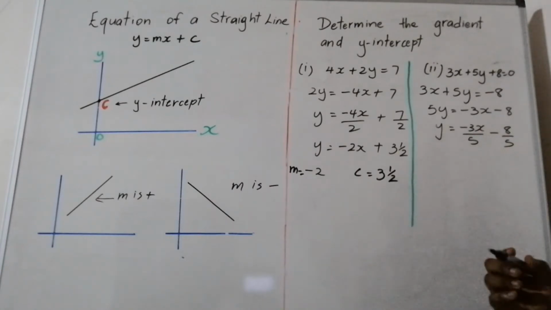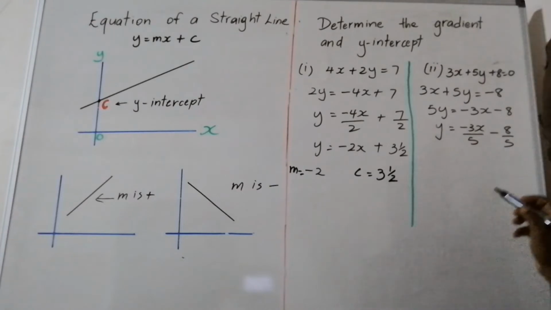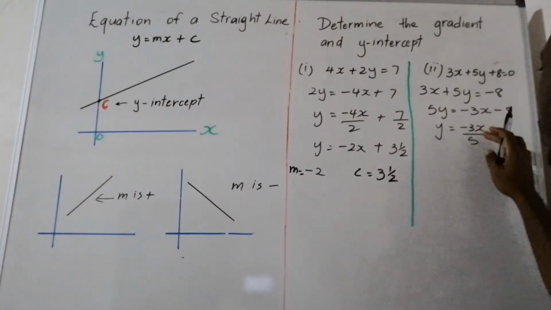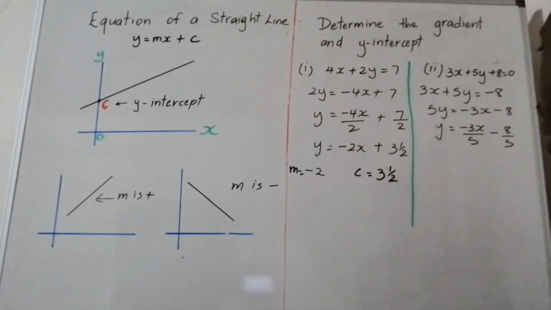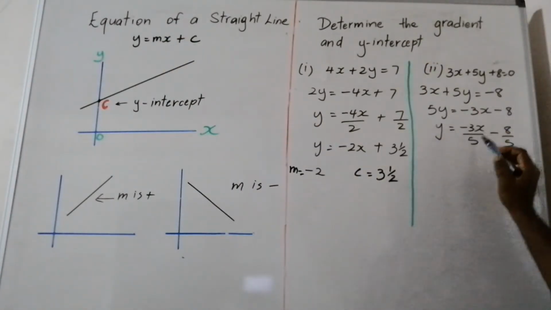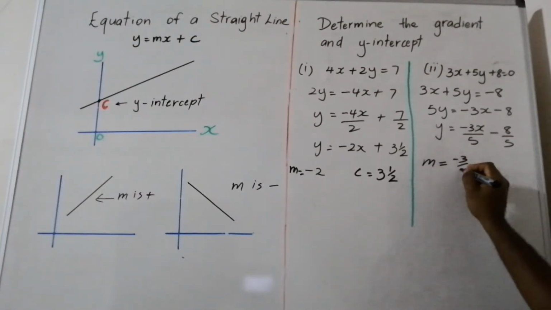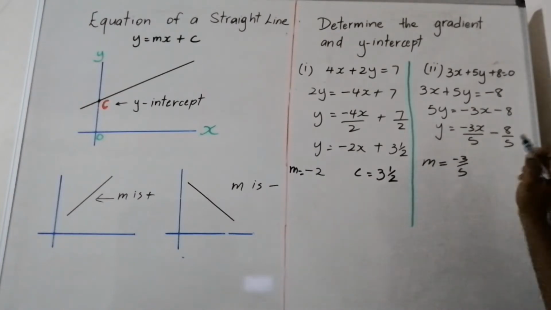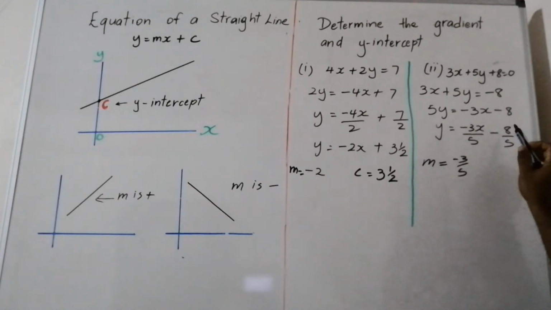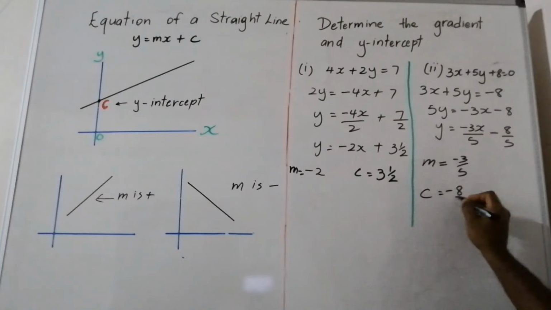So now let's identify our gradient and our y-intercept. Our gradient is the coefficient of x, right? In mx, the m represents the gradient. So the coefficient of x is minus 3 over 5, so the gradient of that line is minus 3 over 5. And since our c value is minus 8 over 5, our y-intercept will be minus 8 over 5.